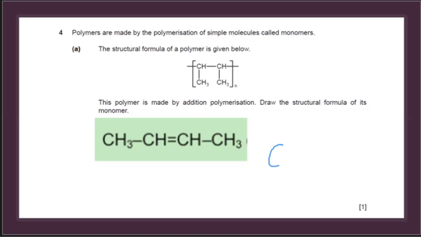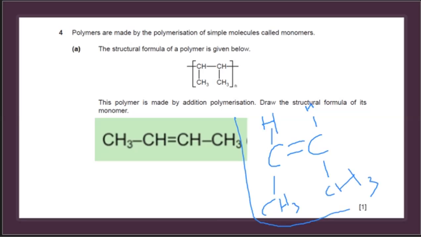So we would have CH3 to CH double bond CH to CH3. Right? And this is the unit that we got this repeated unit from.